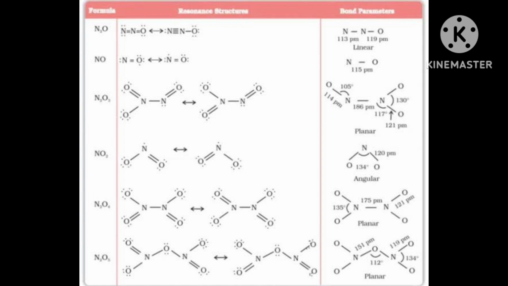Now I am talking about this NO2. Both the NO2 on the left side and the NO2 on the right side are joined with an oxygen in the middle. Through the oxygen, both nitrogens are joined.